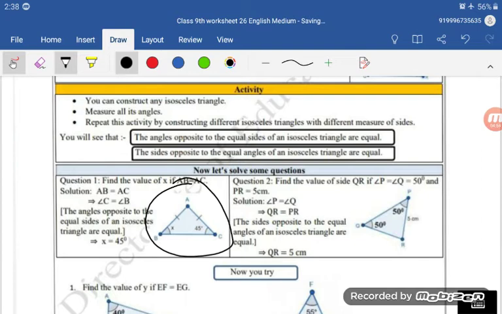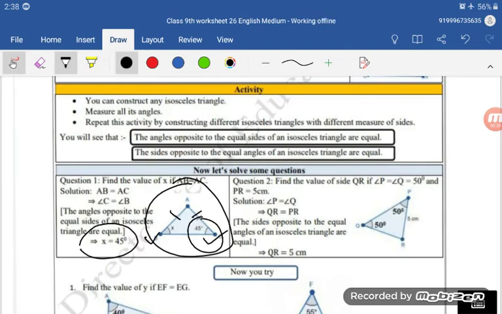In an isosceles triangle, the angles opposite to the equal sides are equal. So the angle opposite to AB is angle C, and the angle opposite to side AC is angle B. So angle B is equal to angle C. Since angle C is 45 degrees, angle B is also 45 degrees. That is why x is equal to 45 degrees.